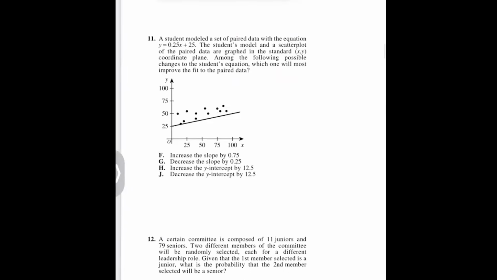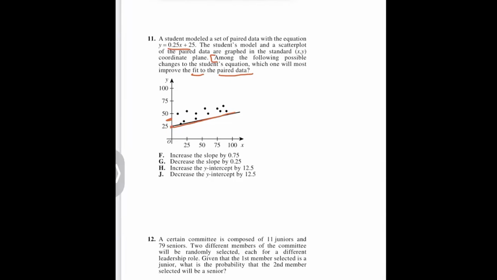Okay, so a student modeled a set of paired data with the equation right here. There's a lot of fluff in here, so let's focus on this. Among the following possible changes to the student's equation, which one will most improve the fit of the paired data? Right here, you've got this line, and then you have all this data up here, so we just need to increase the starting point.